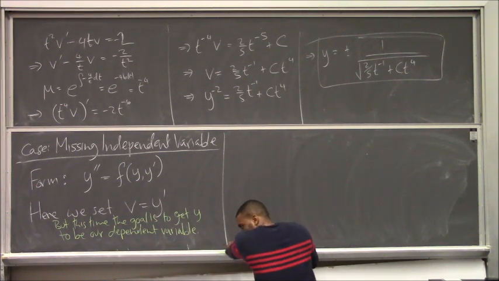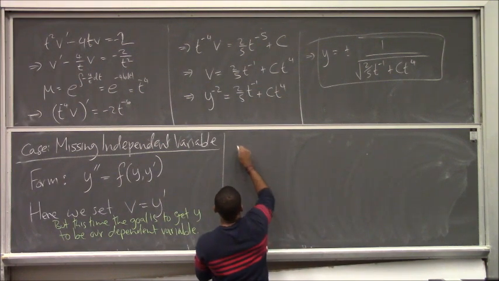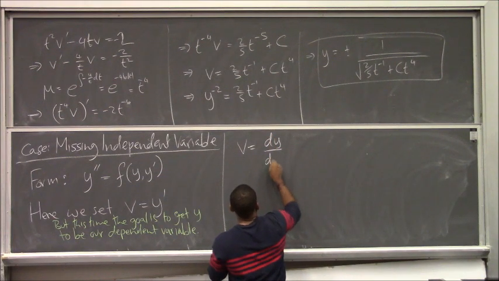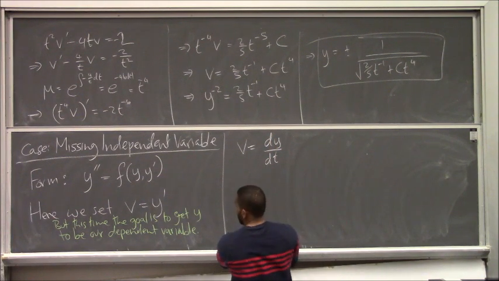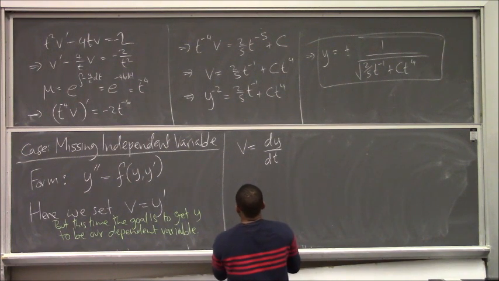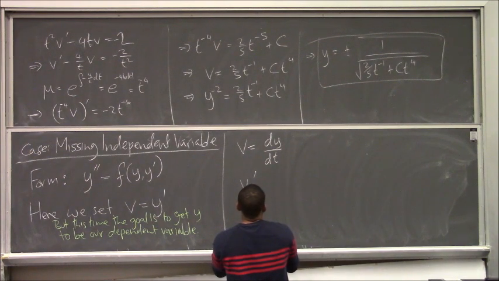One thing you can do is, if v equals dy dt, we're using t, I guess, then I can look at v prime. That is d squared y, which is dv dy times v.